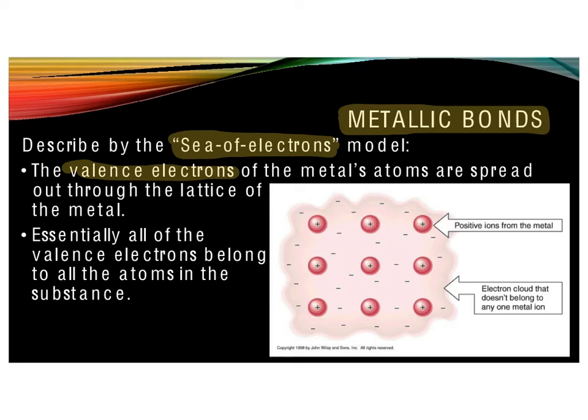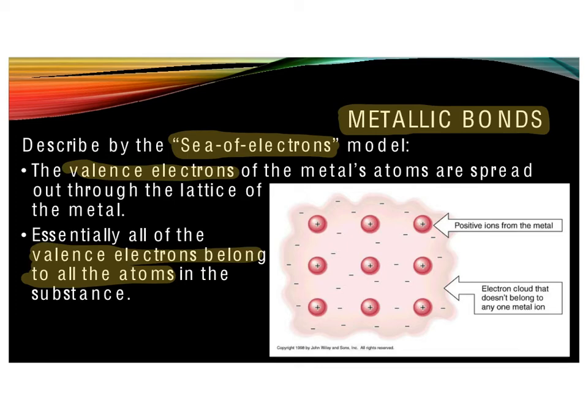They're not exactly shared, as they are more like community electrons. This is like chemical communism, maybe, where the electrons are the valence electrons of all the atoms at once. And so essentially all those valence electrons belong to all of the atoms in the substance.